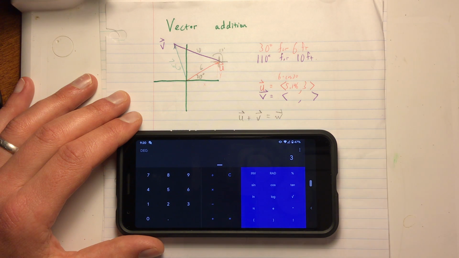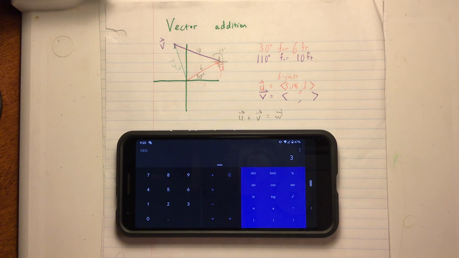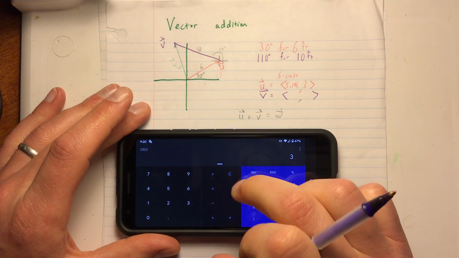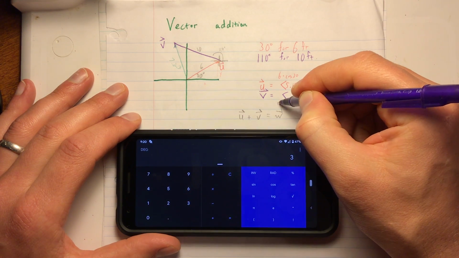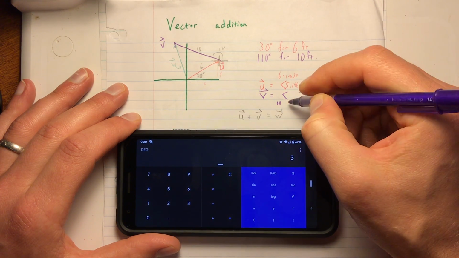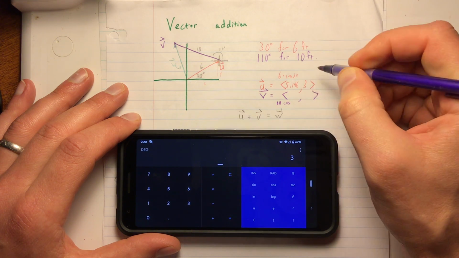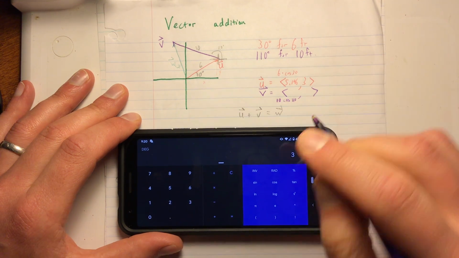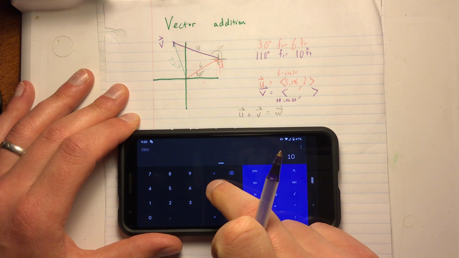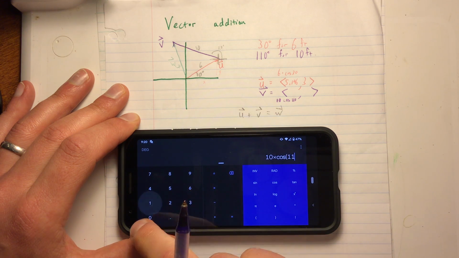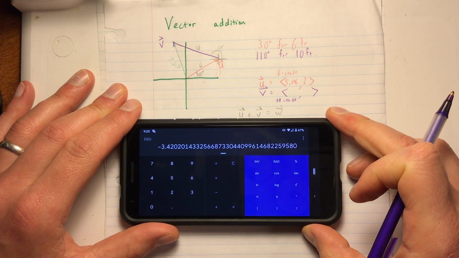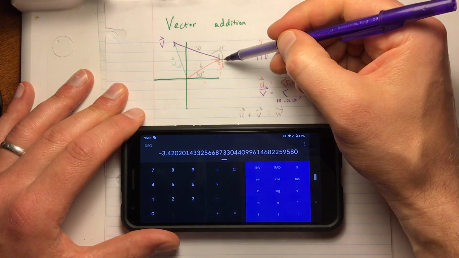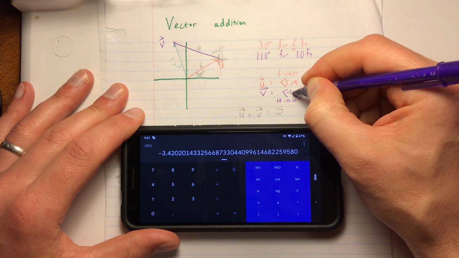Going to do the same thing for the other one. So I'm going to take 10 times the cosine of 110. And I get negative 3.42, which makes sense because we're going backwards now.